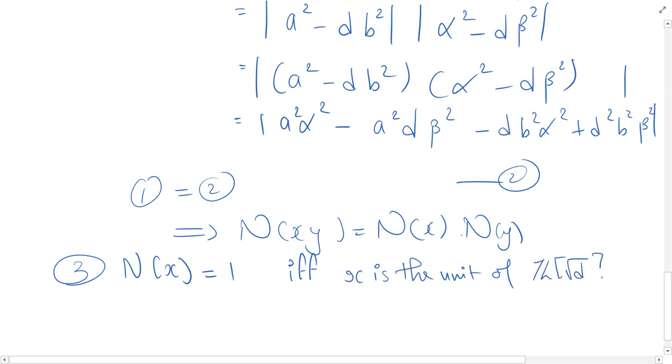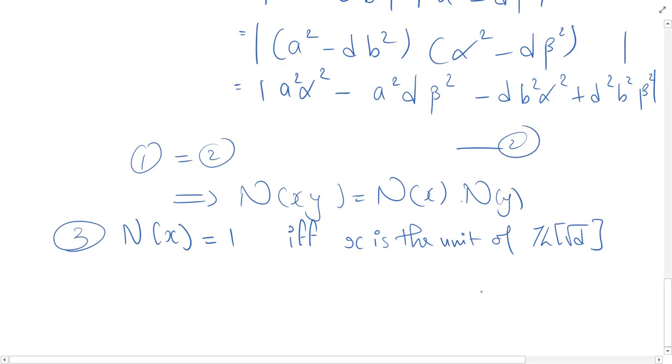That means I can conclude that my x has an inverse inside this if and only if the norm value of x is equal to 1, otherwise not. So it is a really good way. This norm function gives us such a good result, right? If you check whether an element is a unit or not, you just need to find out its norm. If the norm is 1, you're done. Correct?